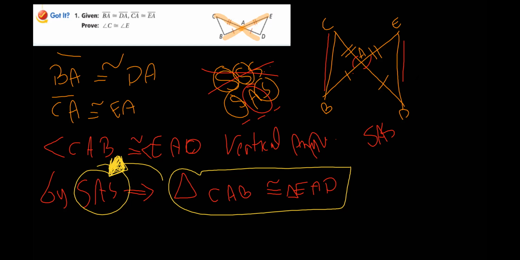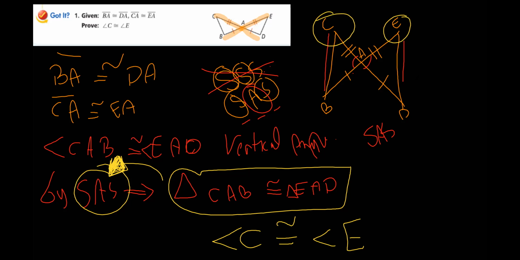Now, after that, since I proved they are congruent, can I say now that angle C is congruent with angle E? Yes, teacher. Why?